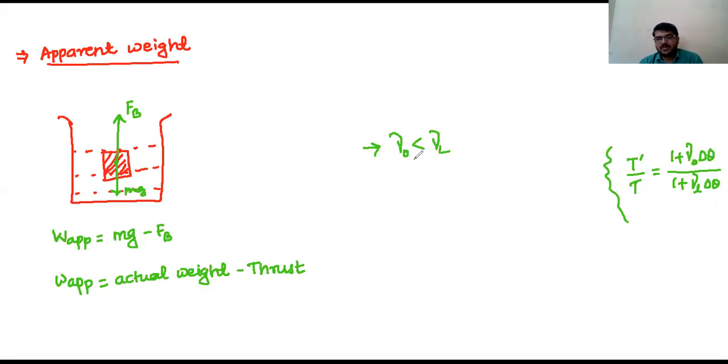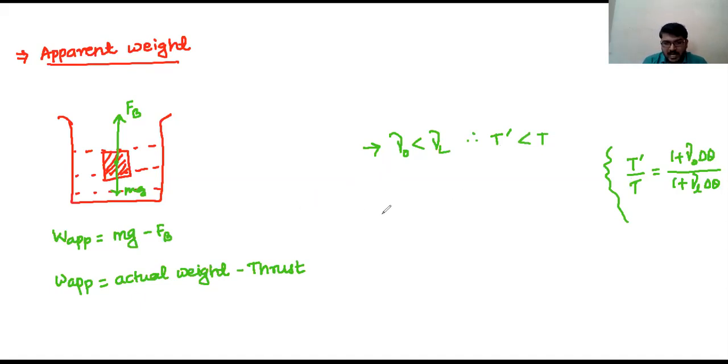That is, liquid expands more as compared with solid. That's why coefficient of liquid expansion is greater. So as this is more, you can see here, therefore T dash is less as compared with T. Understand? T dash will be less as compared with T.